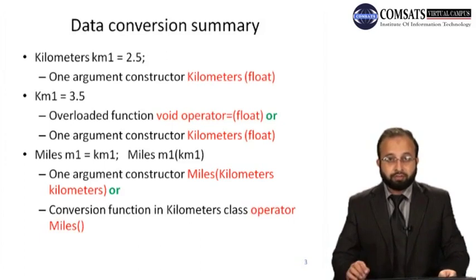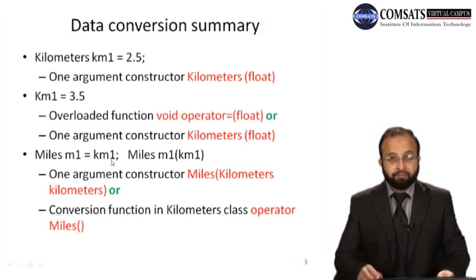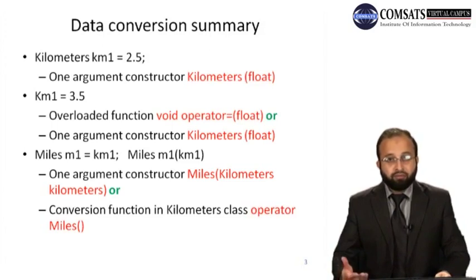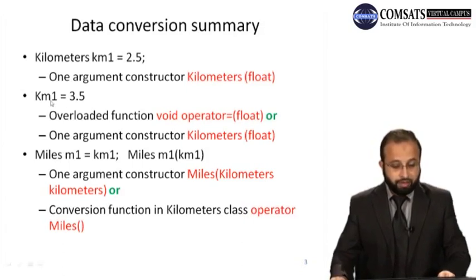It calls the constructor of Miles class and passes it the private data member of this km1. So Kilometer is saved in it, and it will multiply the private data member by 1.61, because I think 1 mile is equal to 1.6 kilometers, right? It converted and then it calls the constructor, passes that value to the Miles constructor and returns it. Okay, when it returns, it will be assigned to m1.